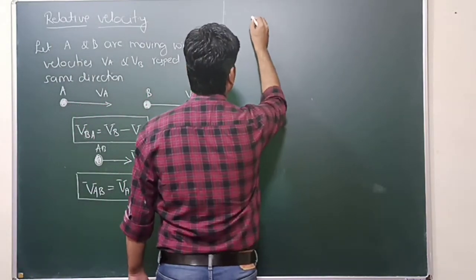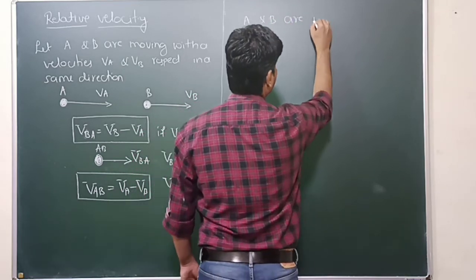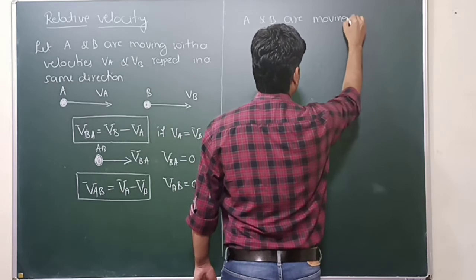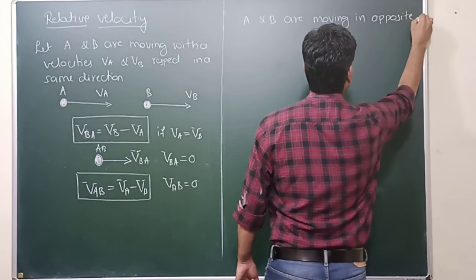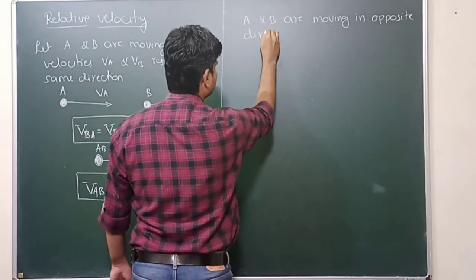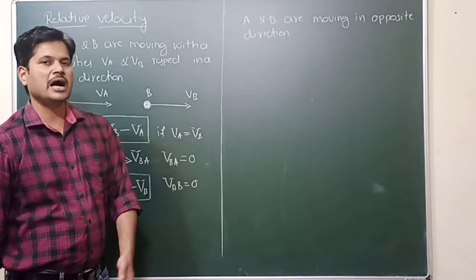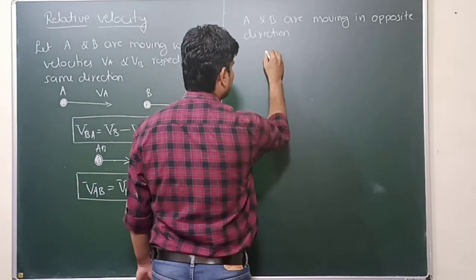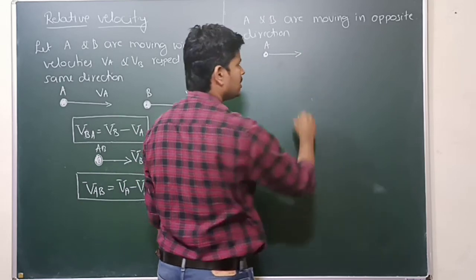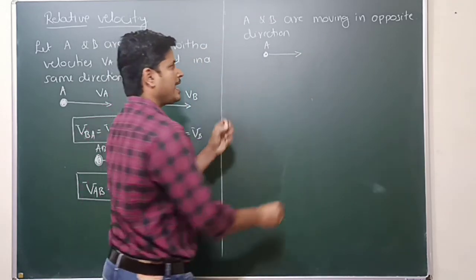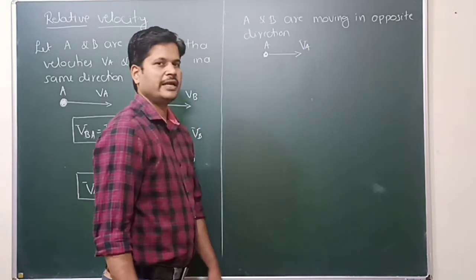If A and B are moving in opposite directions, that means A is moving along the positive x-axis with a velocity VA, correct?